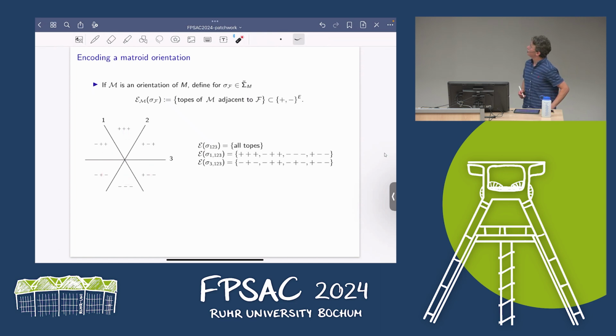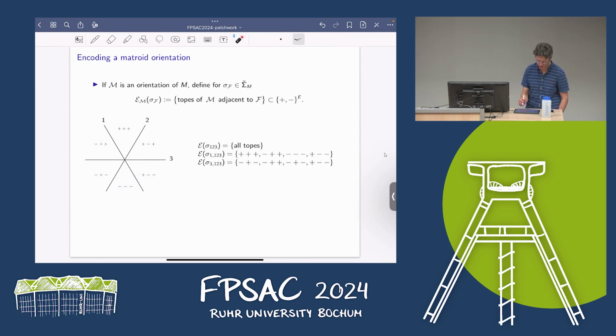Now if I take a chain 1, 1 2 3, I'm going to ask that not only do the topes have to touch 1 2 3, but they have to touch both 1 and 1 2 3. Then I would get this tope, this tope, this tope, and this tope, these 4.